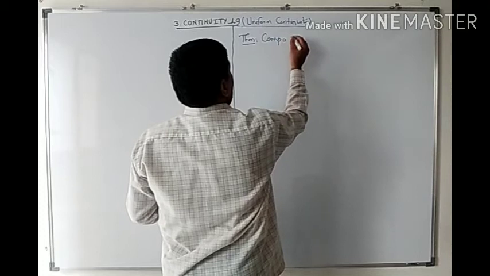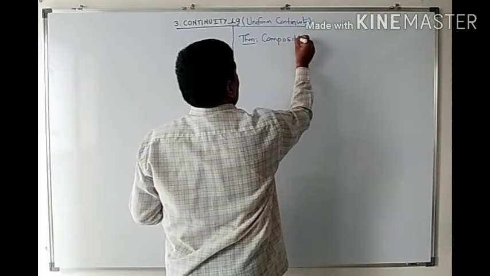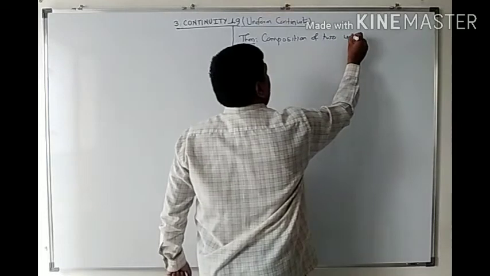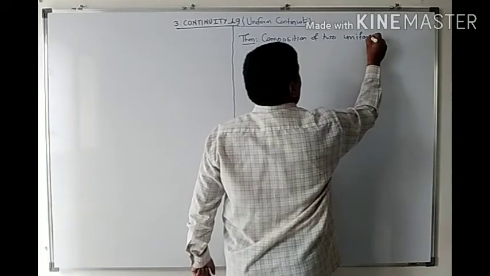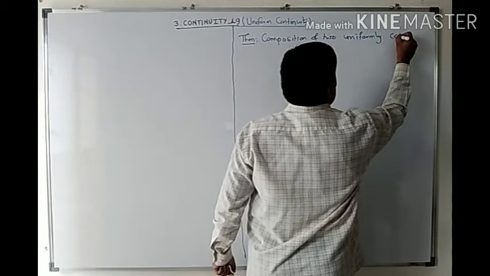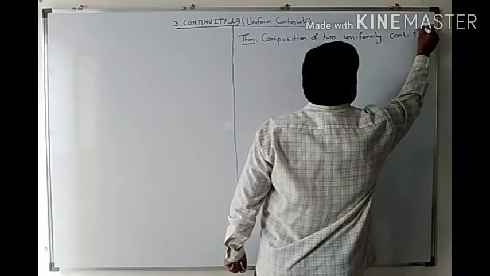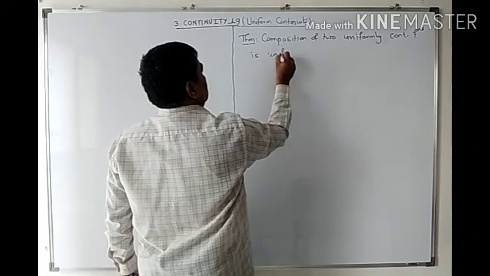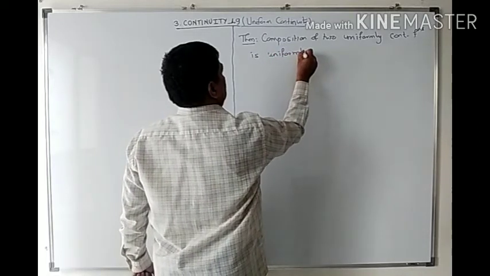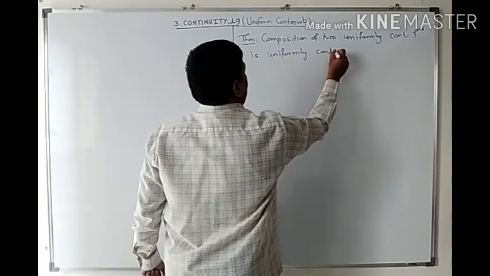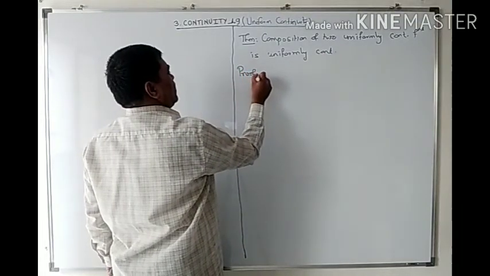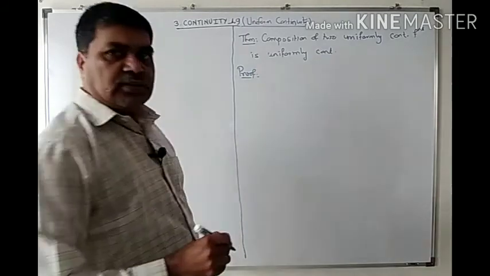Composition of two uniformly continuous functions is uniformly continuous. So we'll take two uniformly continuous functions.